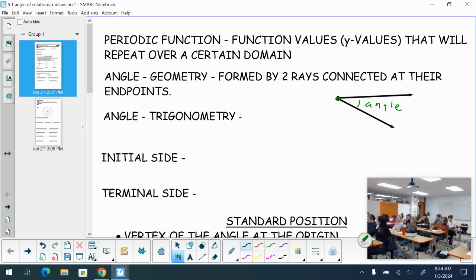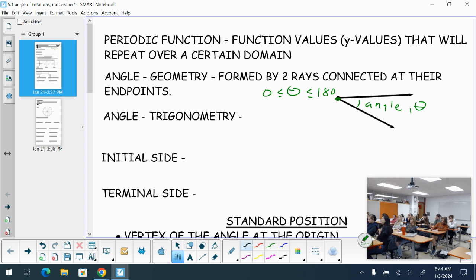But in the geometric world, this angle, which we will symbolize by different Greek symbols, the value of theta, in geometry, this value of theta was between 0 and 180 degrees inclusive, which limits us to a specific domain, values of 0 to 180 degrees.